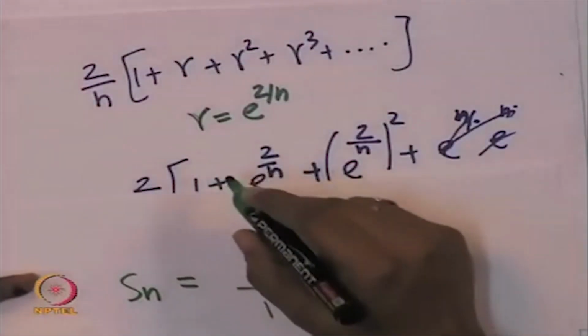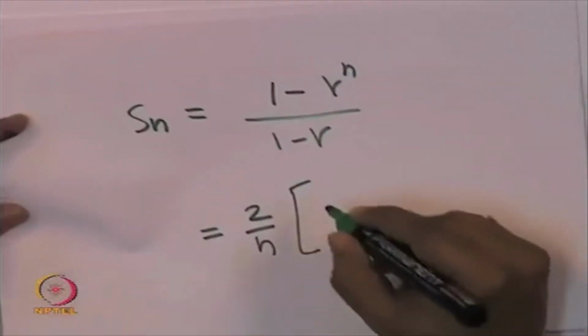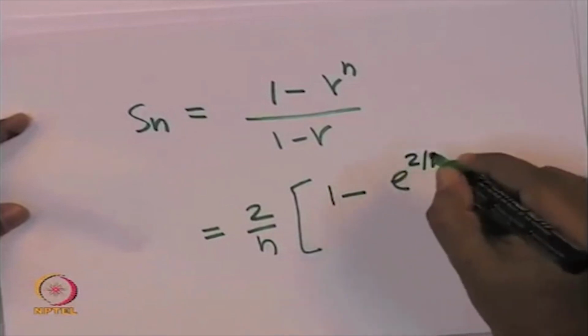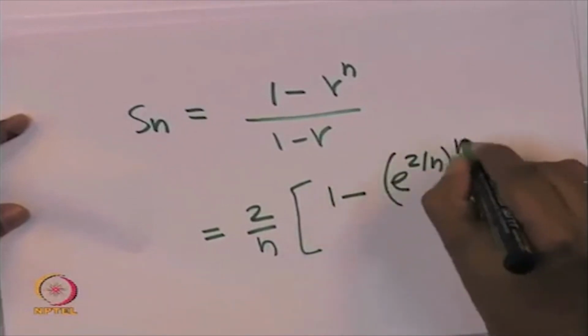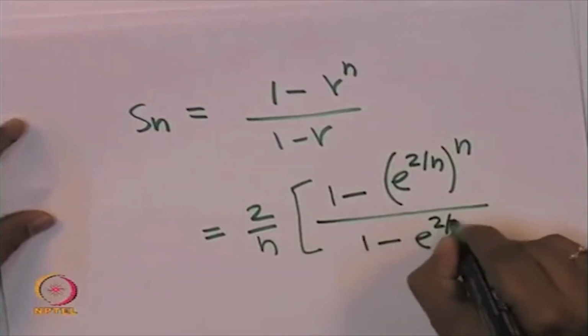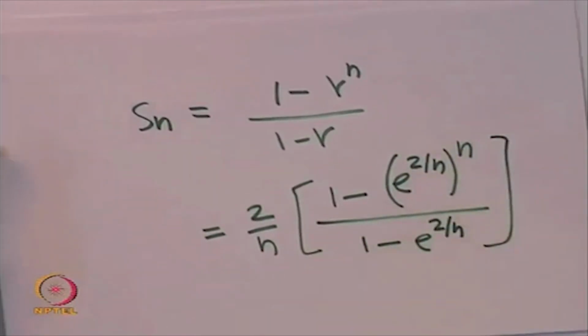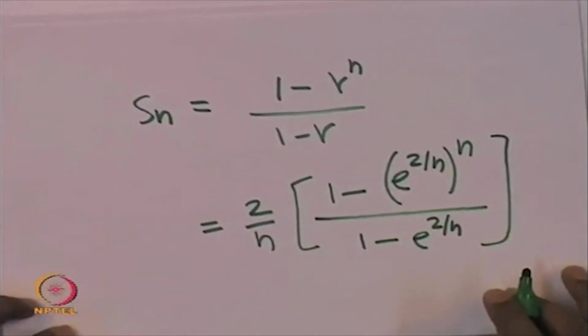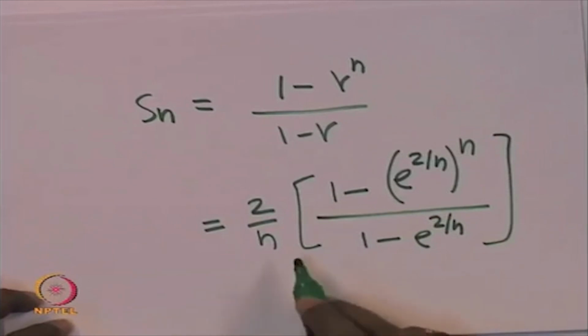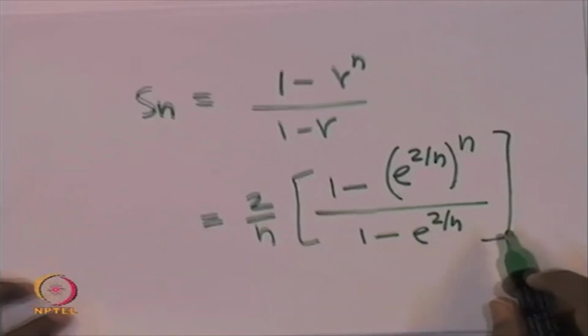That gives 1 minus e power 2 by n, whole power n, divided by 1 minus e power 2 by n. This is the sum, and in the limit n going to infinity we should get our integral.